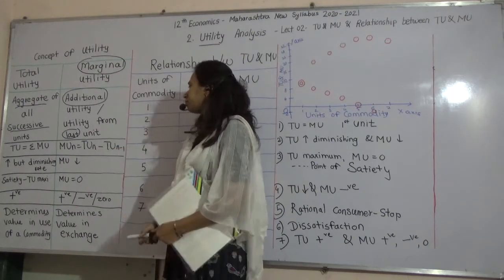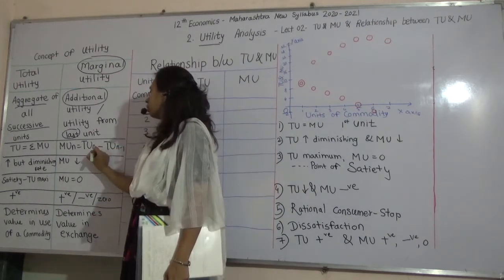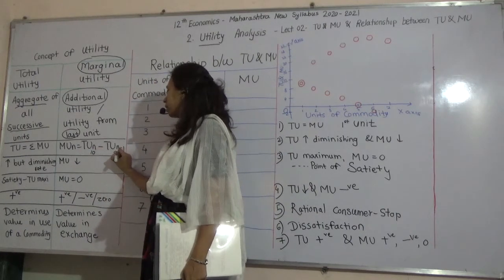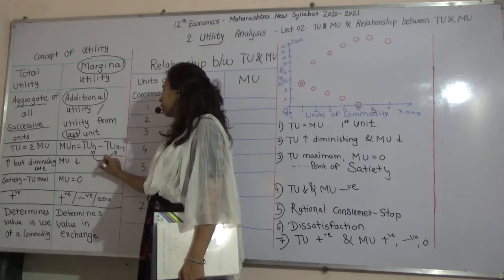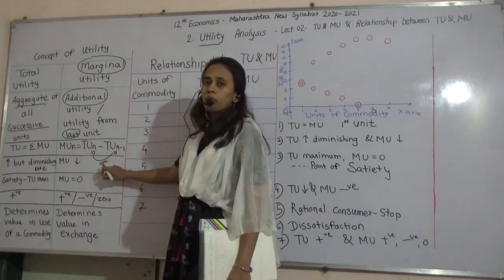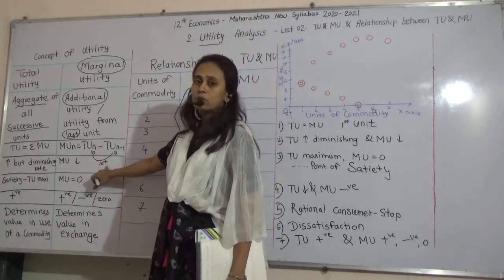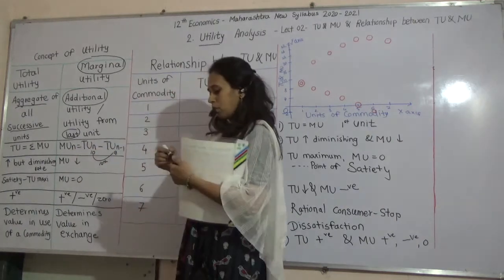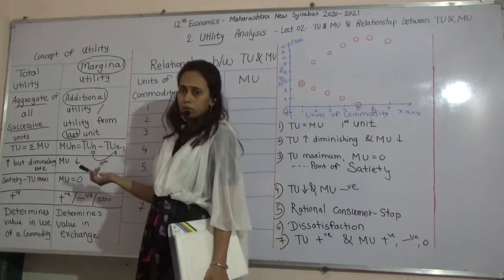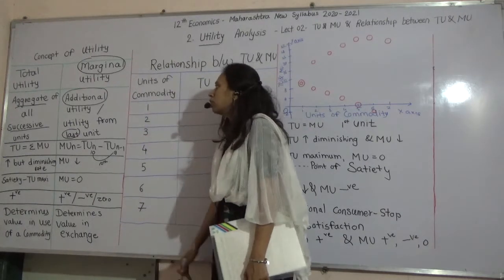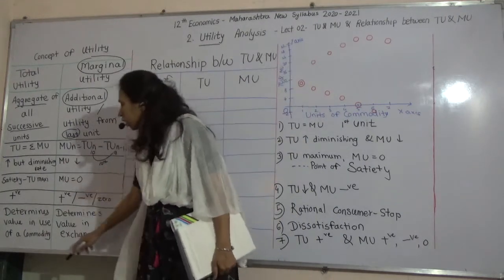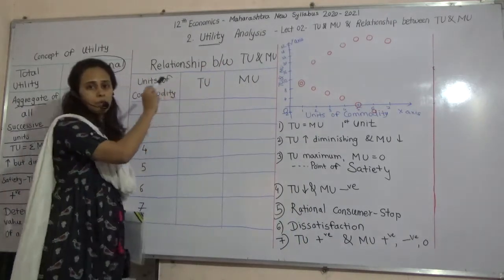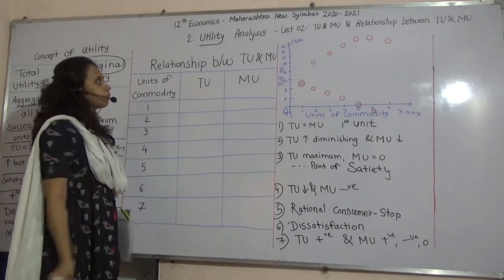For example, if I have eaten a total of 10 mangoes, 10 minus 1 is 9, so my last unit is the 10th unit. We can calculate MU from the last unit with the help of this formula. You don't need to calculate any problems; they have just given you the information. The remaining chart you will understand when I explain the relationship between TU and MU.